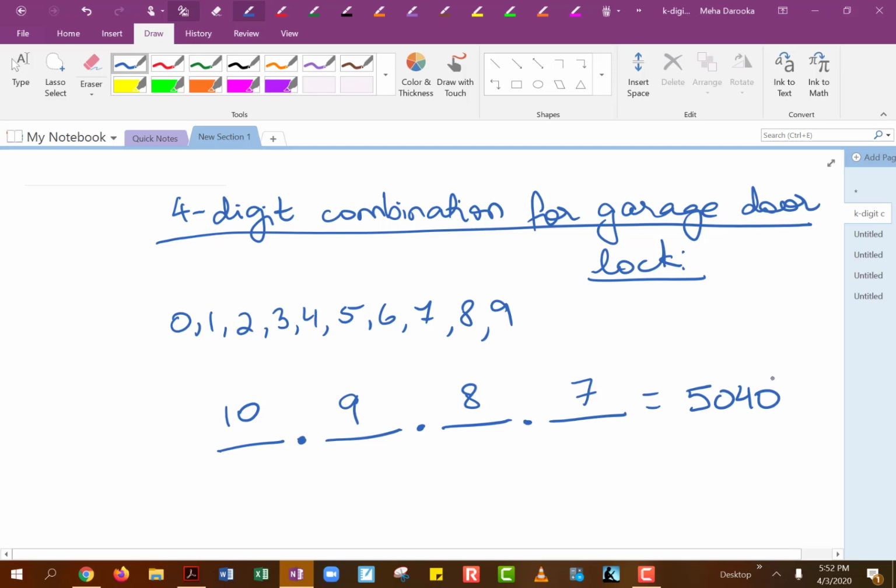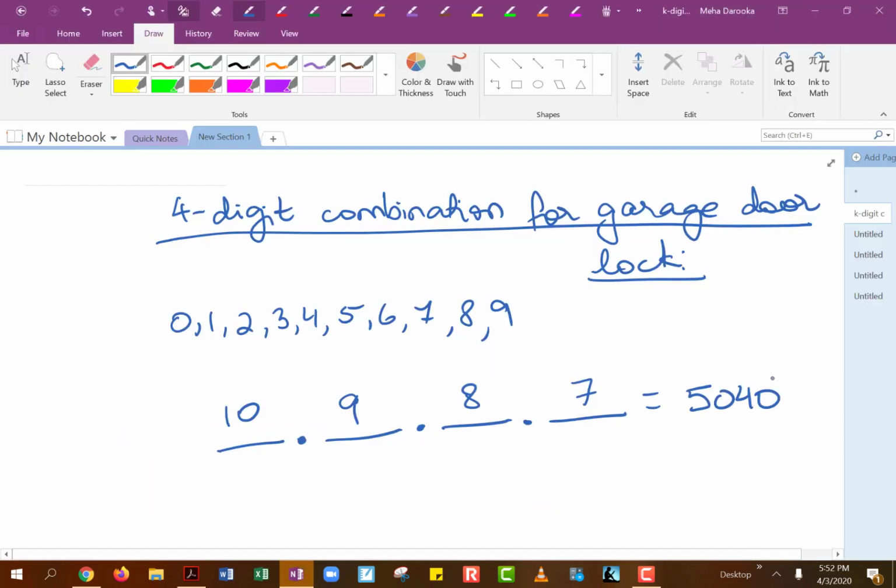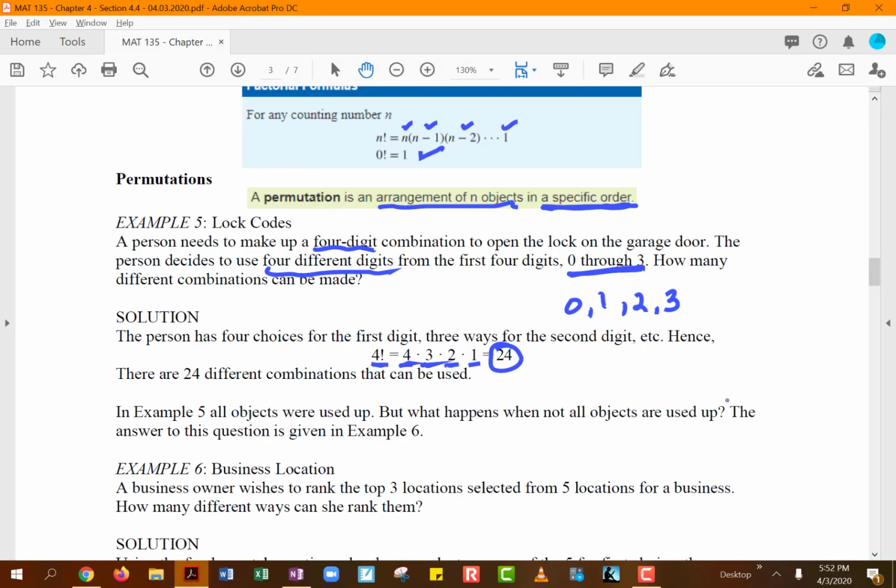So look at this. Instead of using just numbers from 0 to 3, if you use the numbers from 0 to 9, instead of 24 possibilities, you now have 5,040 possibilities. And the idea is, the more possibilities you have, the harder it's going to be for somebody to break that code.